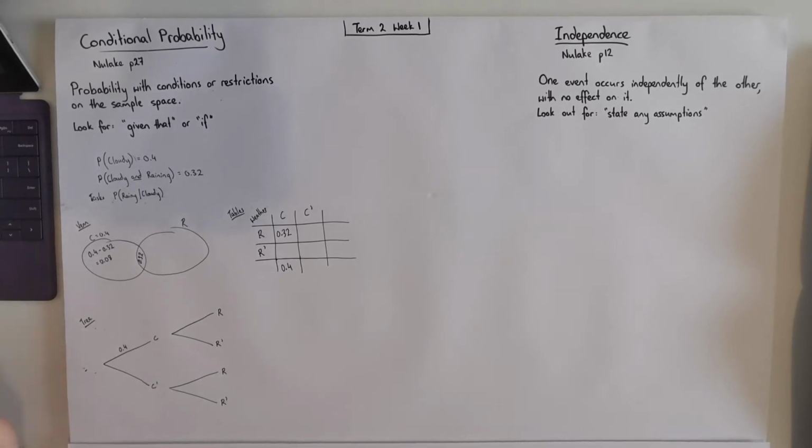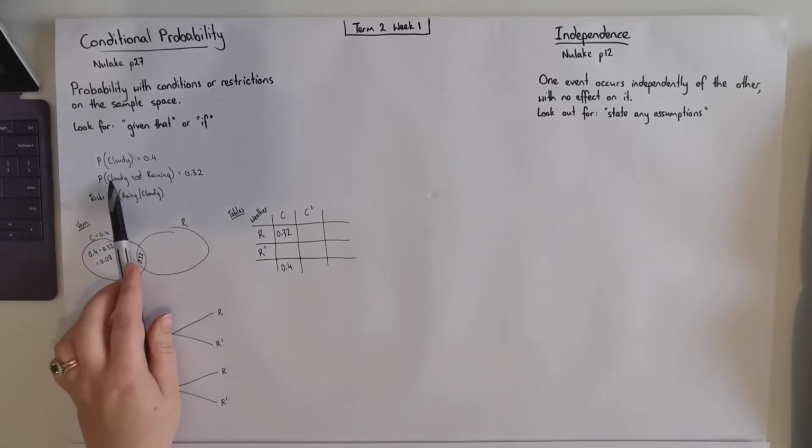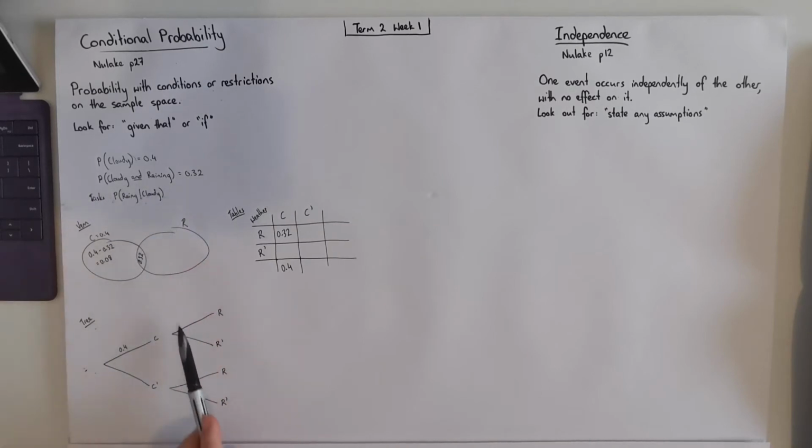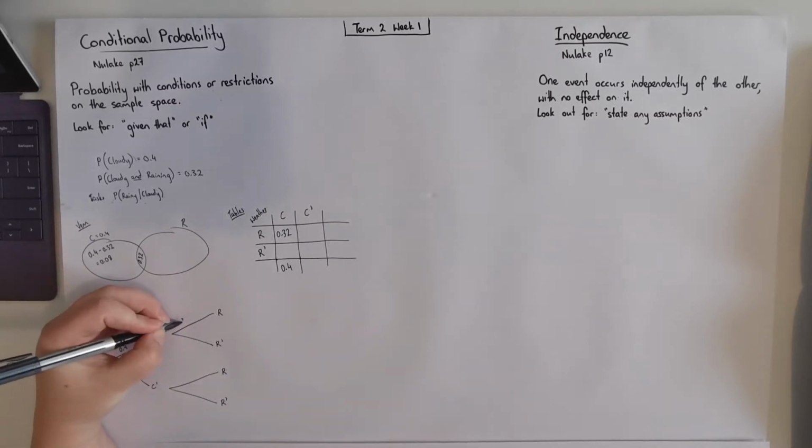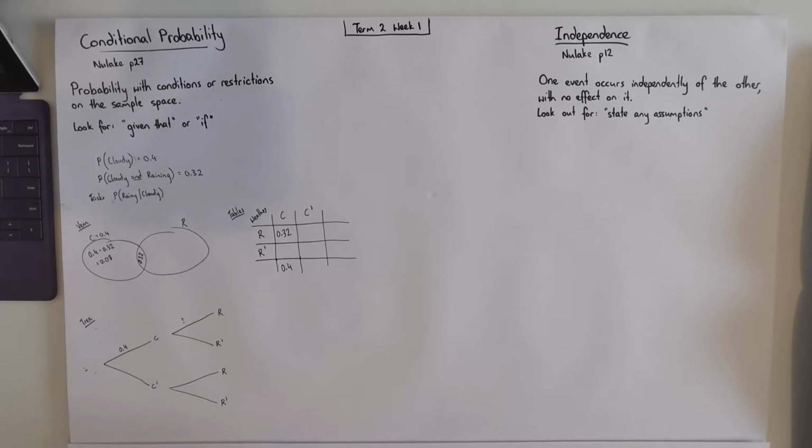Some of you might be tempted, again, to make a common mistake, of writing in your 0.32 here on this branch, thinking cloudy and raining, that's where I'll write it. That's not the case though. We don't actually know that yet. We don't know the probability of it raining, given that we've already established it's cloudy.